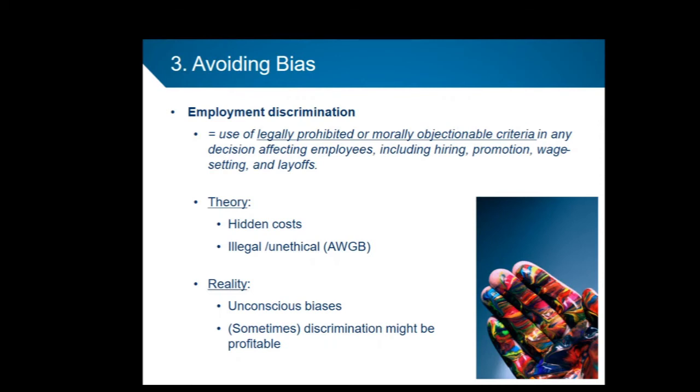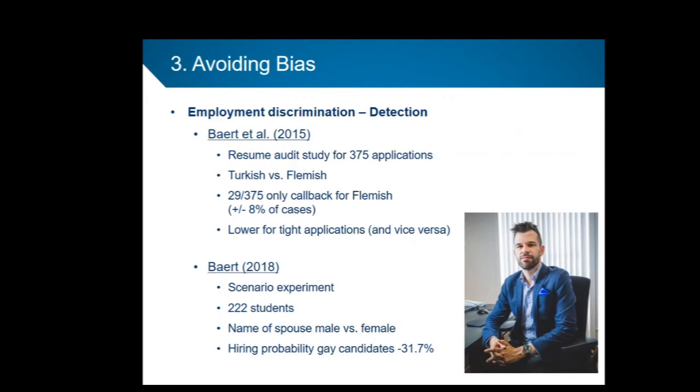But first things first, how can we detect discrimination? To detect the phenomenon, researchers often draw on what they call resume audit studies. So this is basically researchers making fake resumes where they manipulate some ascriptive characteristics and then send them to existing vacancies.